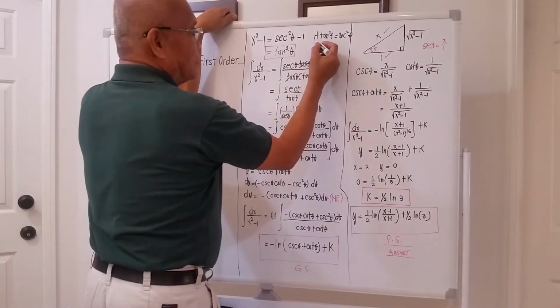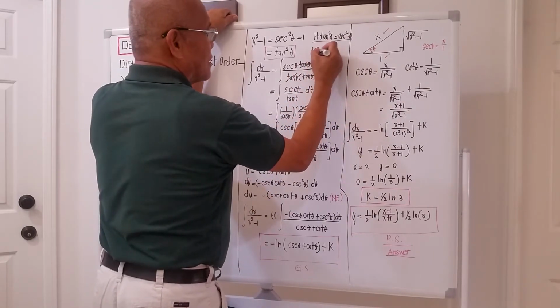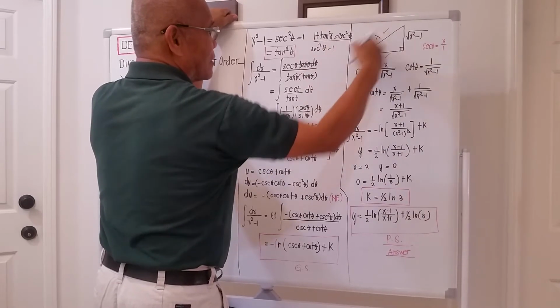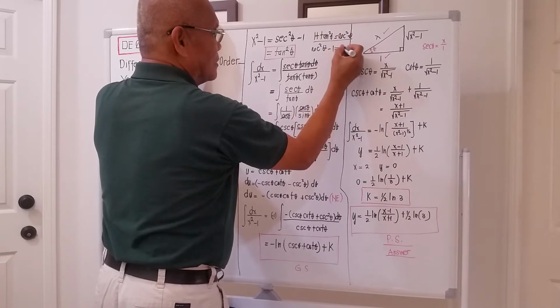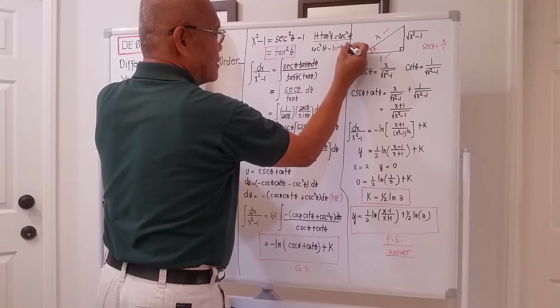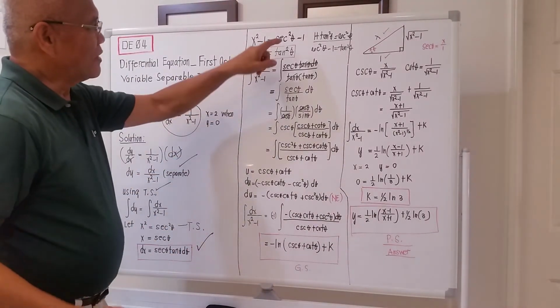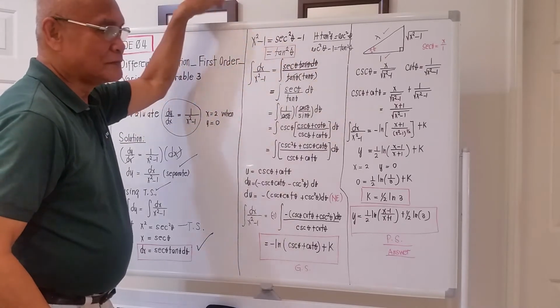We transpose the 1 to the right and rearrange, so what will come out is tangent squared of theta. So we can replace secant squared of theta minus 1 by tangent squared of theta.